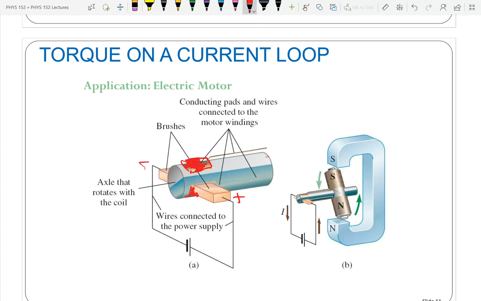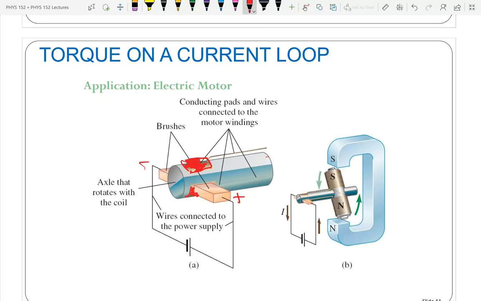So as we talked about, the DC motor doesn't work. It'll go boing and stop because you have torque that goes one direction, then torque that goes the other. But every time you get to the place where the torque is going to switch from one direction to the other, the connectors from positive and negative flip, the current direction flips, and you go to the same torque direction again.